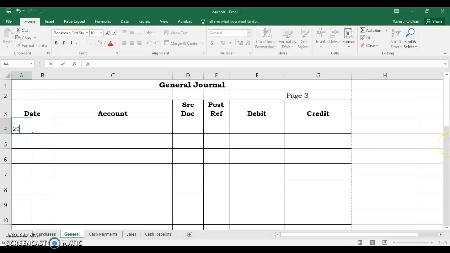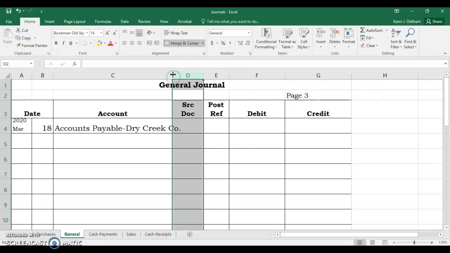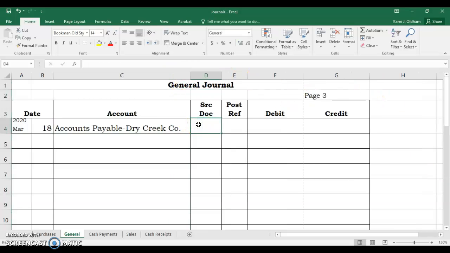We are going to date this March 18th. And we are going to be doing accounts payable, Dry Creek Company. Our source document is going to be Memorandum 288, and we are going to be extending that for $2,000.